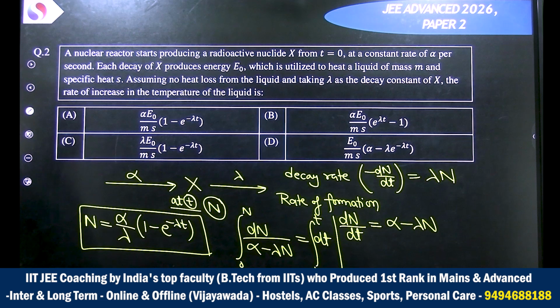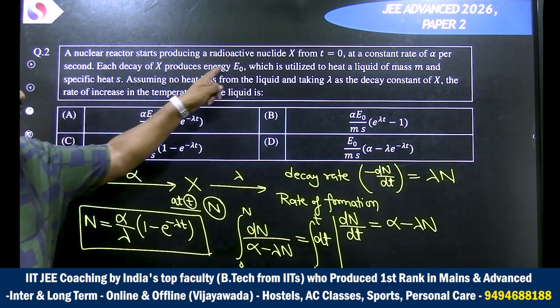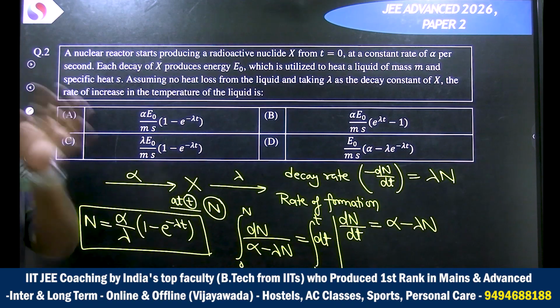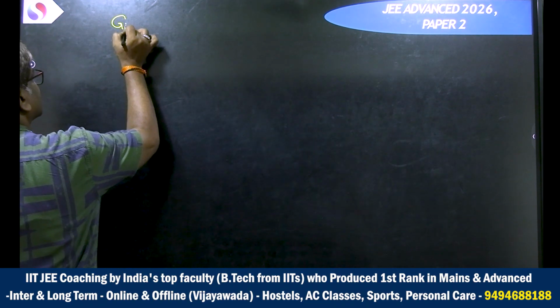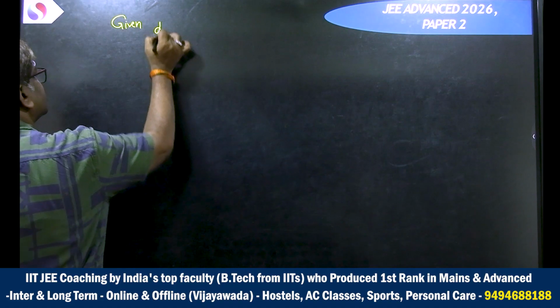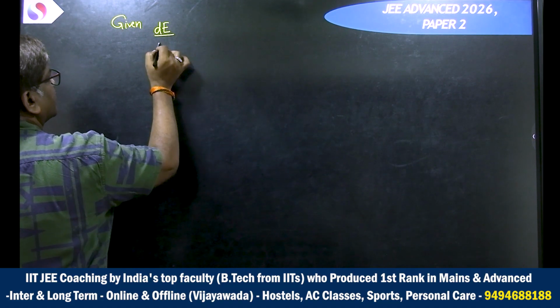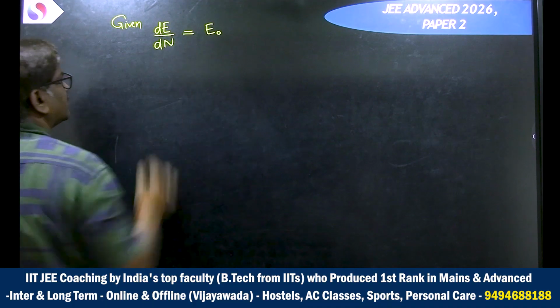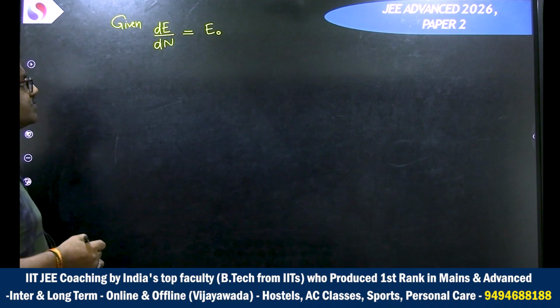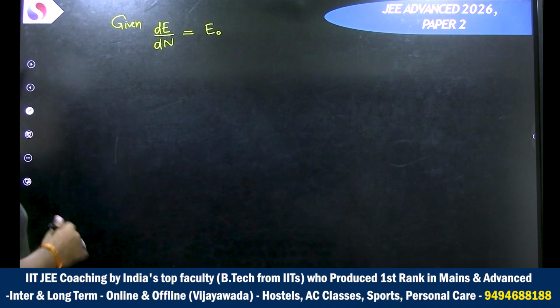So here they are talking about each decay of X producing energy. Each decay of X. That means what else is given to you? That energy which is being released during the decay will be E naught, per unit nuclide. Right?